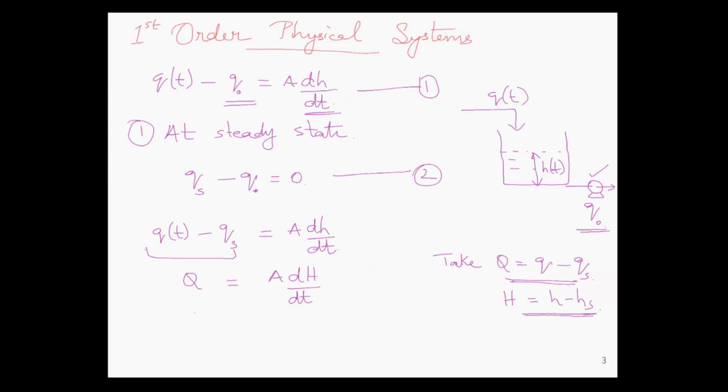Now Q equal to A dH by dt. Now applying Laplace on both sides and rearranging, we get H of S by Q of S is equal to 1 by A S. So this is the model of this particular special case where the outflow, Q naught, is a constant value.